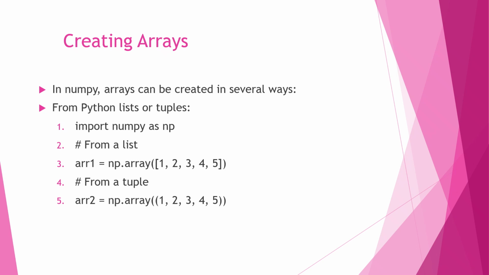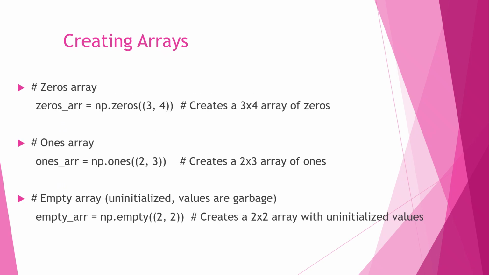The arrays can be created in several ways. First, let us create an array using a list. This contains 5 elements. The second array we created with 5 elements, but here we used a tuple. The list is mutable, but an array that contains a tuple is immutable. Then we will move on to creating arrays of zeros of different sizes. Now we call the zeros function using np, the shorthand name of the numpy package.